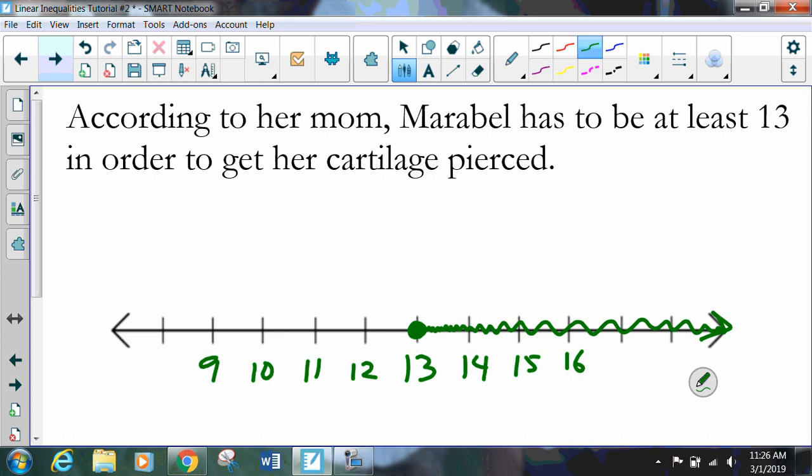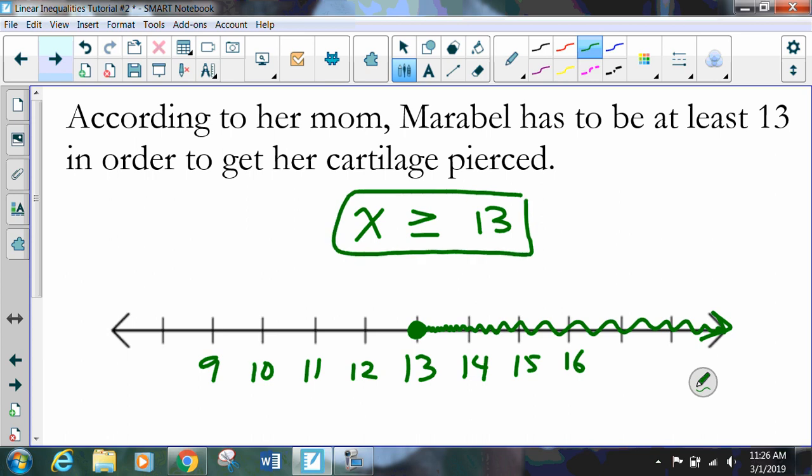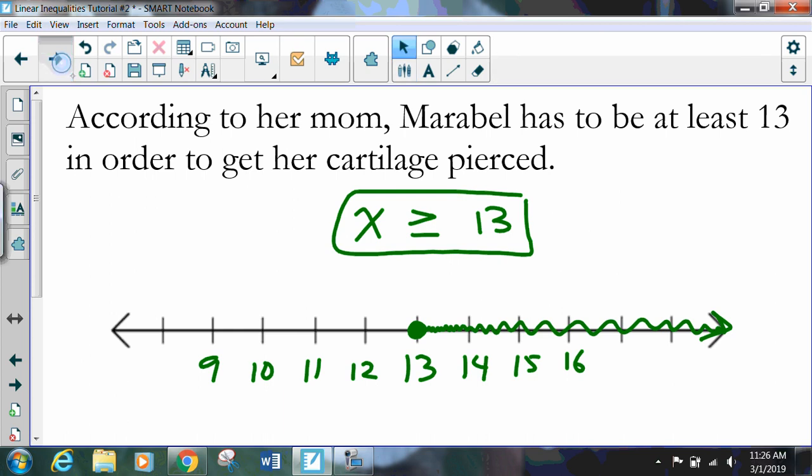Anyway, for me, it's easier to do the number line first and then to say we're going to let X stand for Mirabelle's age, and we know that 13 is an important part of her inequality, and her age has to be at least 13, so that means she has to be greater than or equal to 13. So whichever way you want to do it, the test is going to ask us to do both. So maybe you're like me and just doing the number line first will help you. All right, let's look at another one that's on our notes.